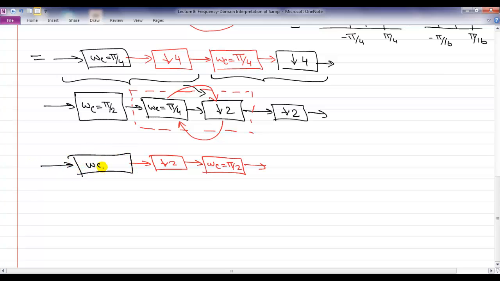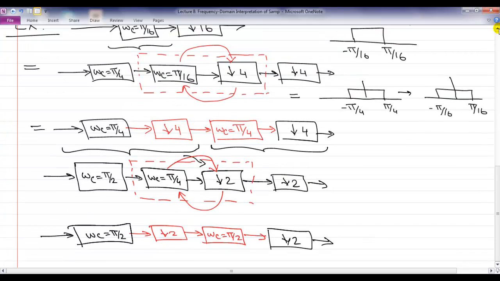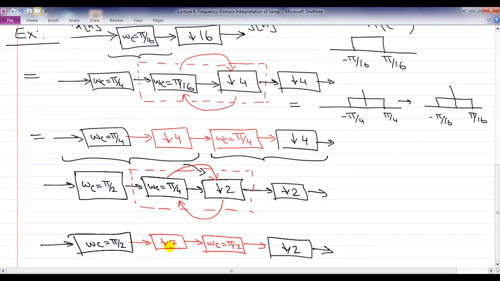And the other blocks stay the same. So this decimation by a factor of 16, I can implement using 8 of these blocks, where each filter is only π/2 cutoff. Okay?